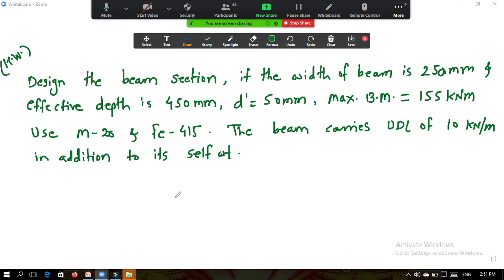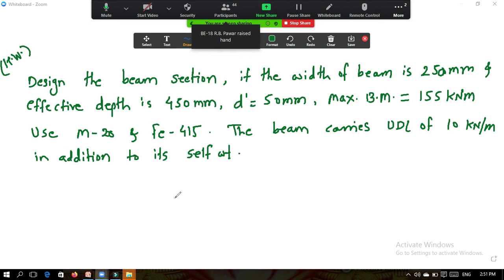While taking the check for shear, UDL is given to you, 10 kilonewton per meter. In addition to that, you need to calculate the dead load of the beam. So you know the width of the beam, you know the effective depth. From effective depth, calculate overall depth by assuming suitable cover, and calculate the dead load of the beam.